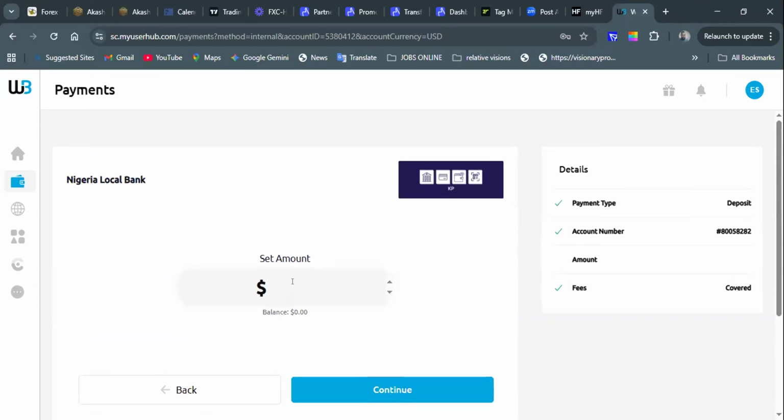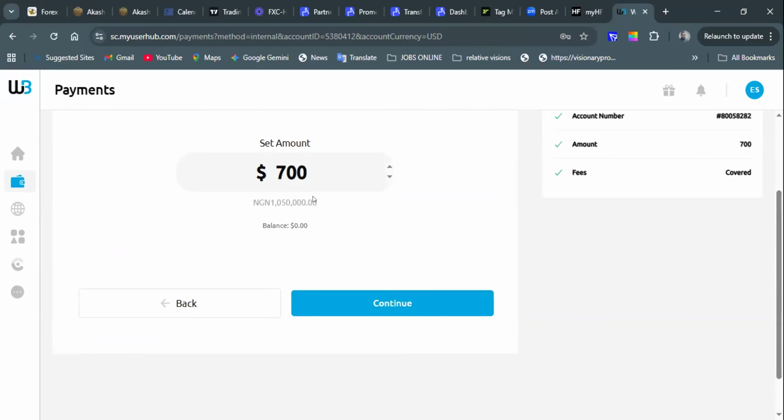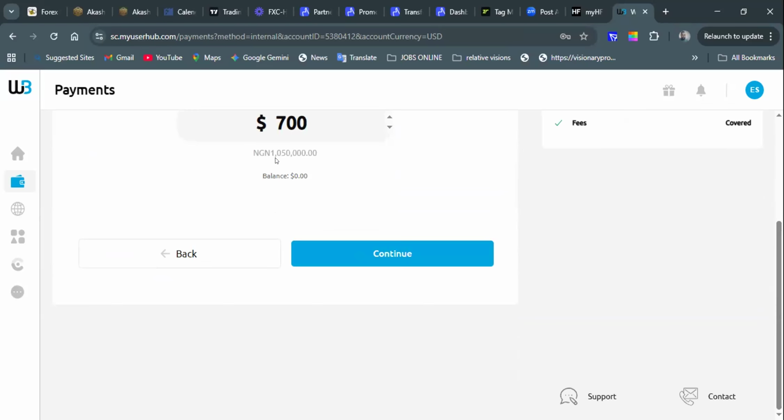So Pay, put the amount you want to deposit. Like Chairman will recommend 700. And if you have less than that, it's still okay. If you have more, it's still okay. So putting 700, the box there shows you the equivalent. The prevailing rate right now is 1,050,000.